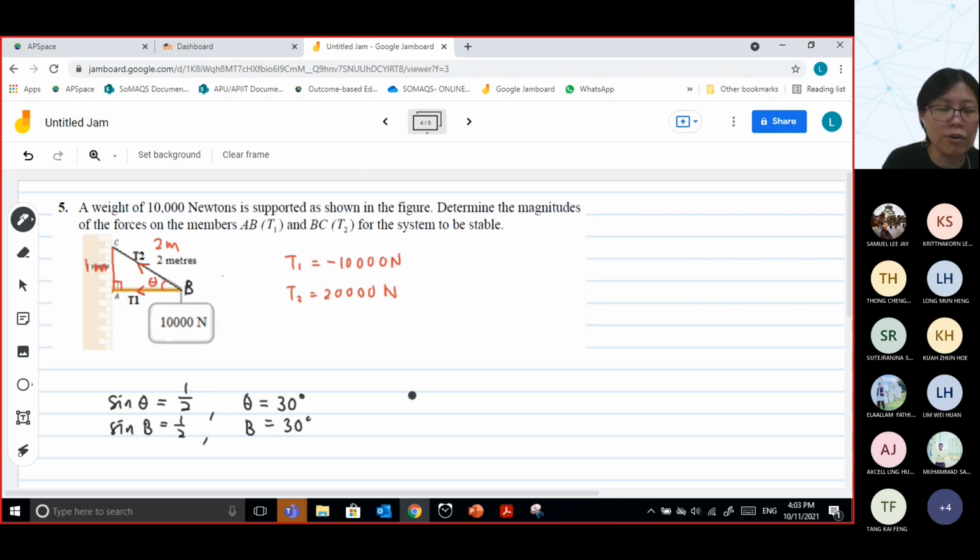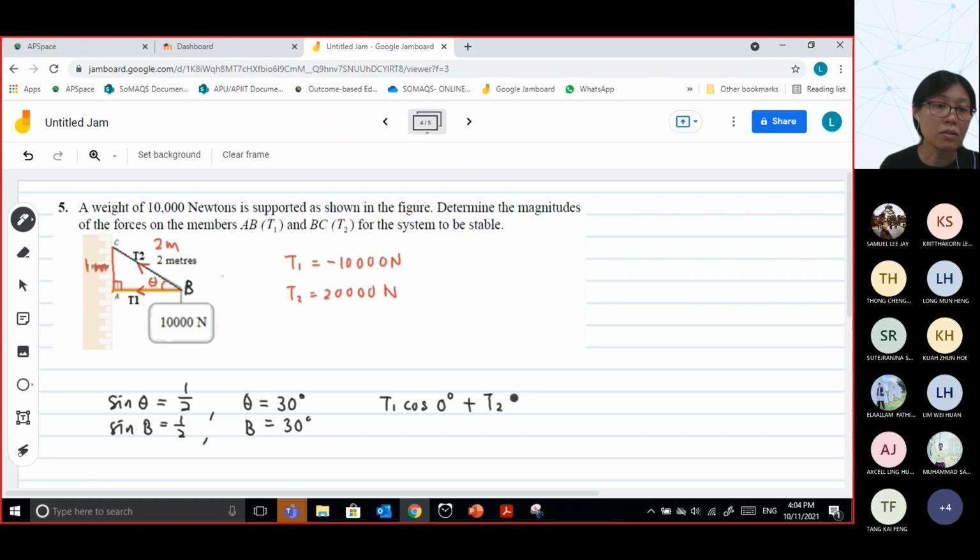Let's look at the horizontal. When it comes to T1, T1 is already horizontal. So you can write T1 cos 0, and of course T1 cos 0 is 1, so it's the same as T1. If you write T1, it's also correct. Then T2, can you see the horizontal component is also towards the left?